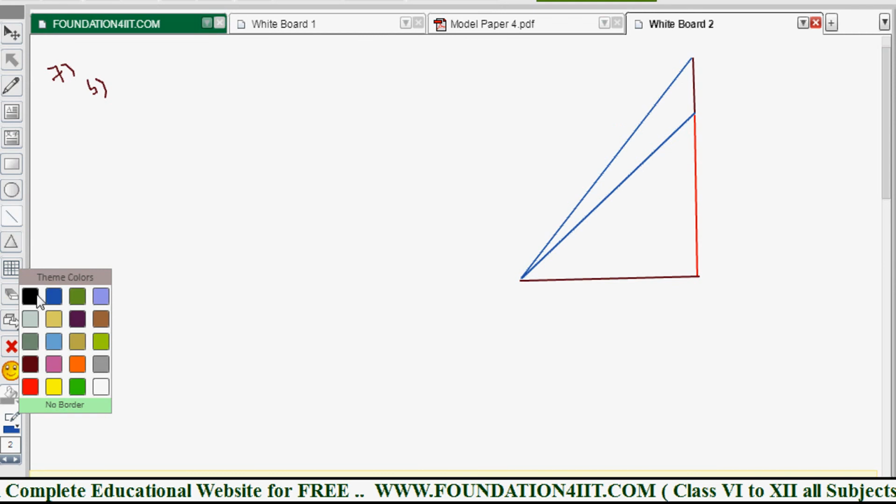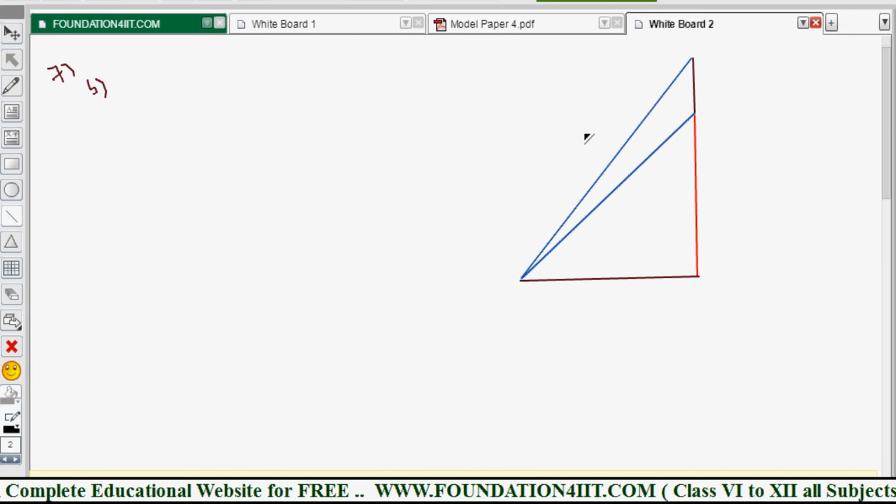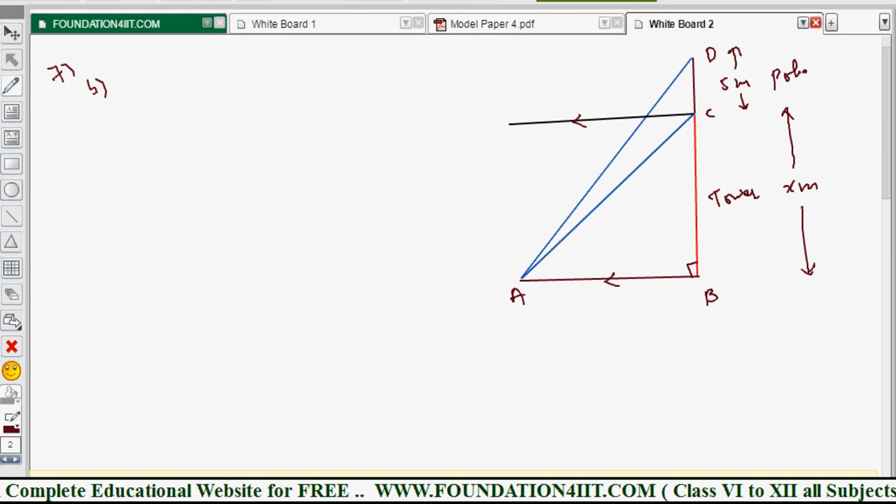And if you take one more straight line perpendicular, these both are parallel now. So it's 90 degrees. It's A, B, C and D. So B to C is the tower. Let me take this as x meters. And C to D is 5 meters, that is the pole.